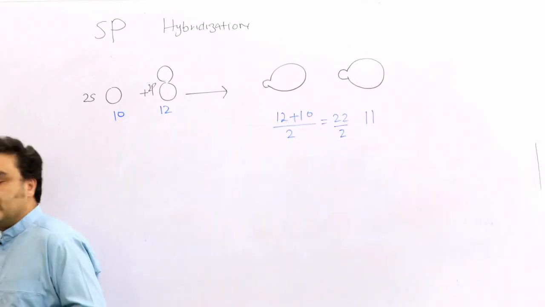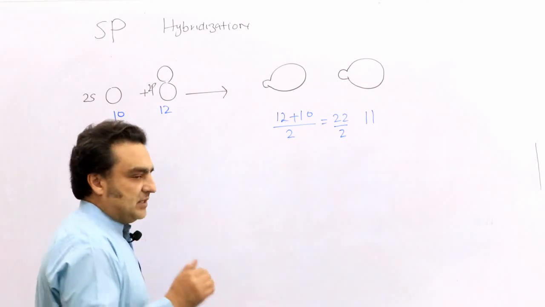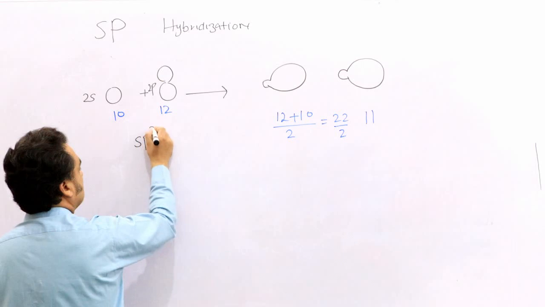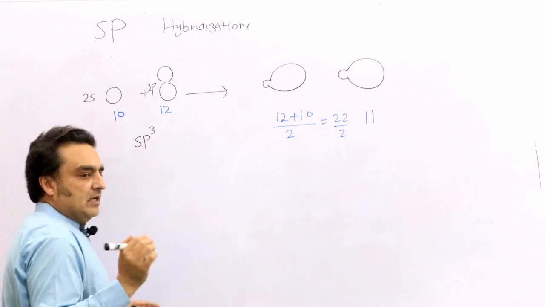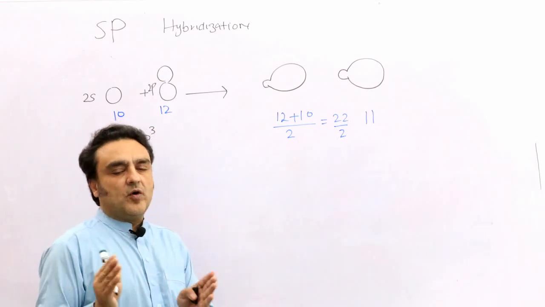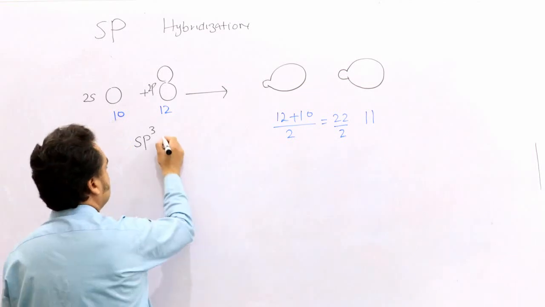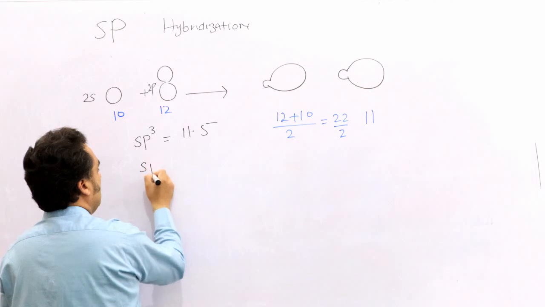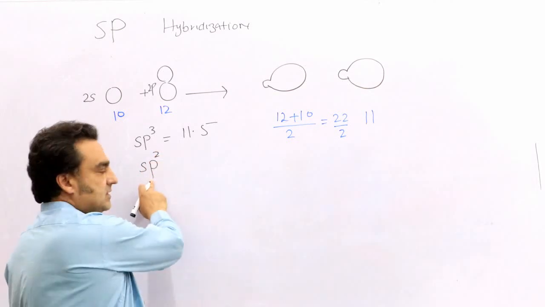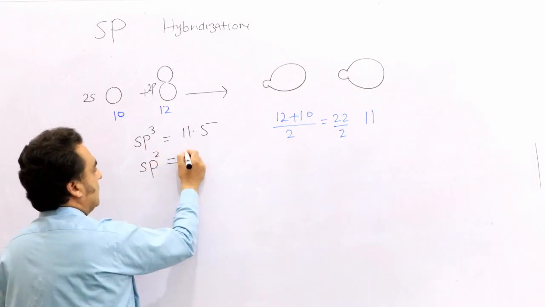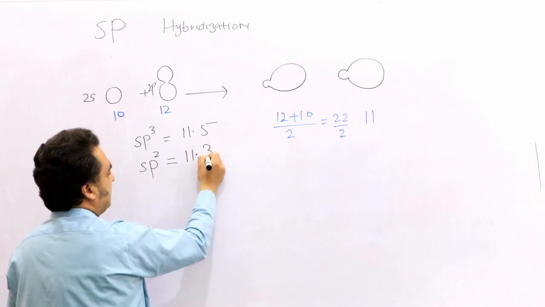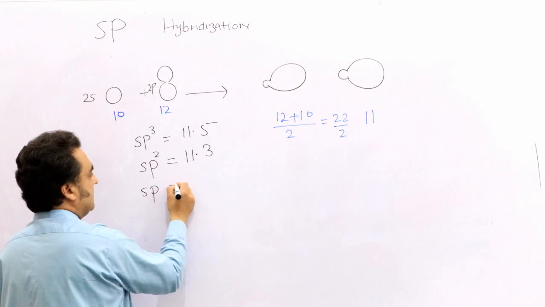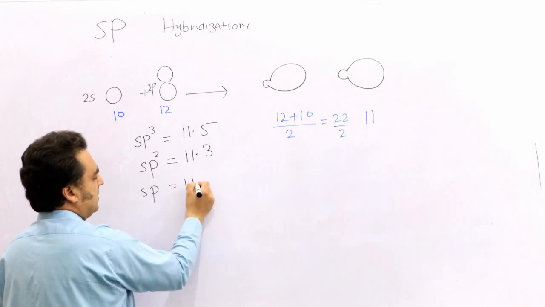Previously, as we did this for sp3 hybridized orbitals, each sp3 hybridized orbital gave the value of 11.5. sp2 hybridized orbitals gave the value of 11.3, and this sp hybridized orbital gave a value of 11.0.